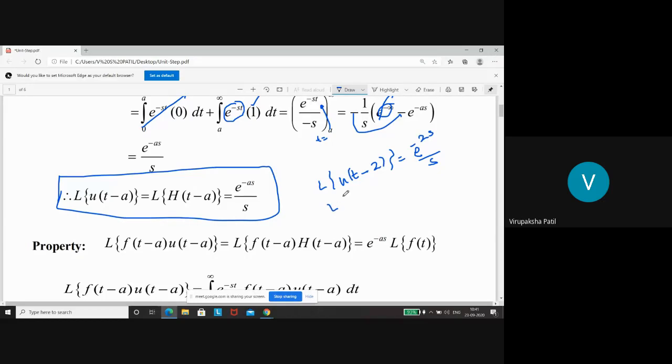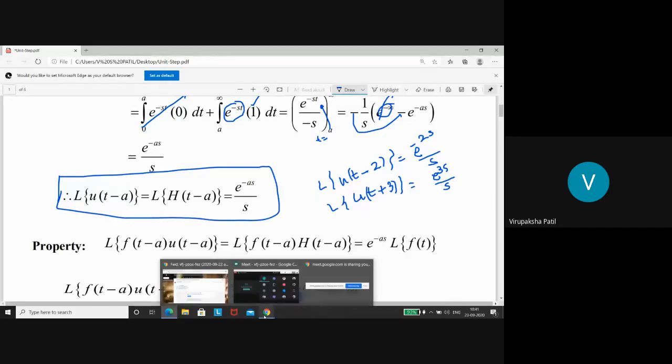Suppose you have the Laplace transform of u of t plus 3, using the basic definition, you can write e to the power 3s divided by s. Is that clear?